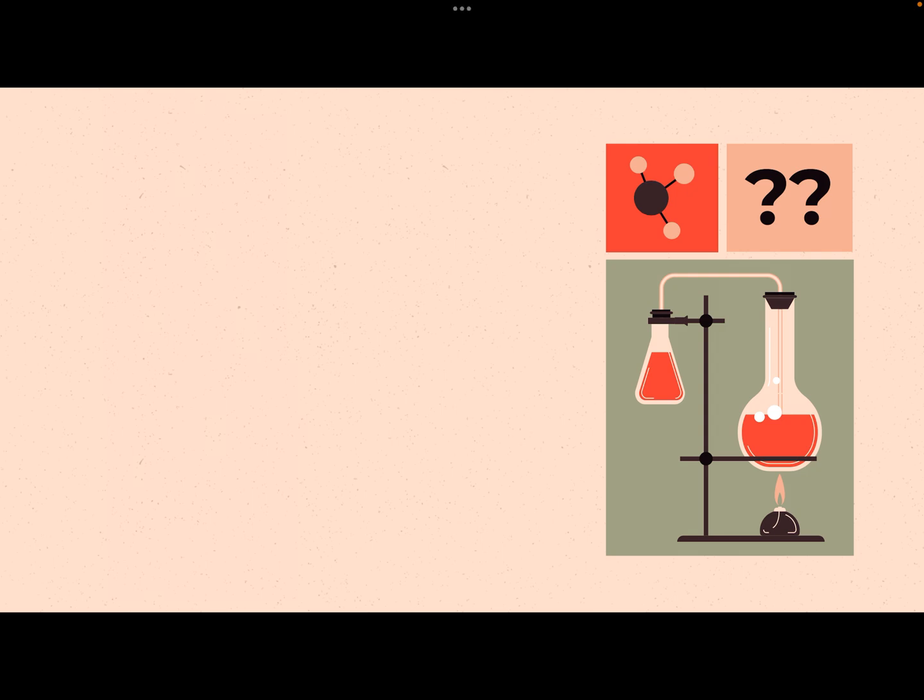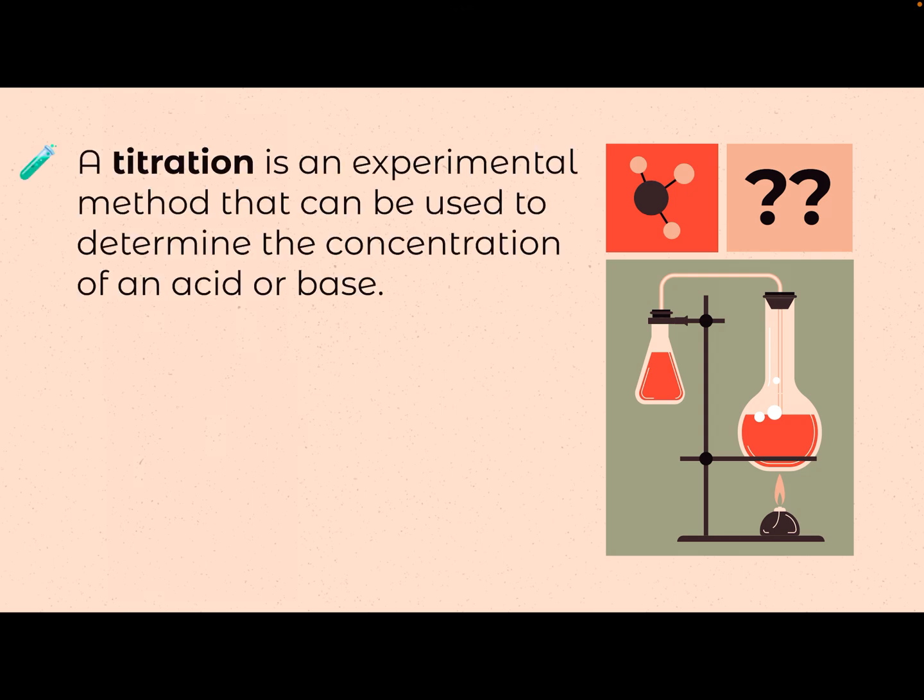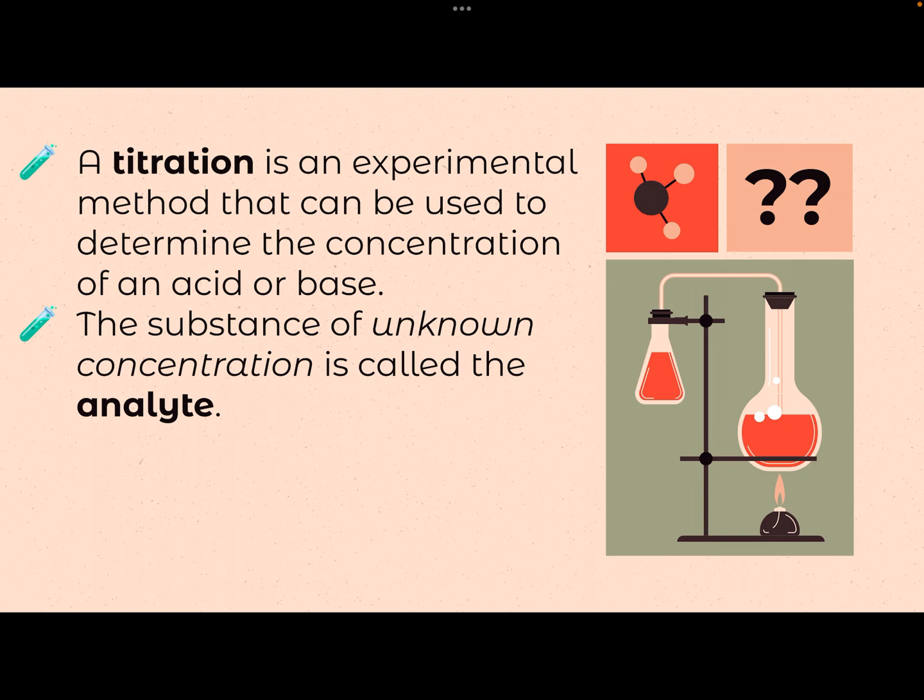Titrations are really just an experimental process. So how does this process work? Well, in a titration, you're going to react a substance of an unknown concentration, but a known volume, with another substance of known concentration and known volume.